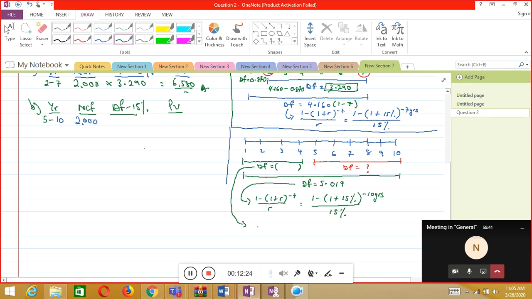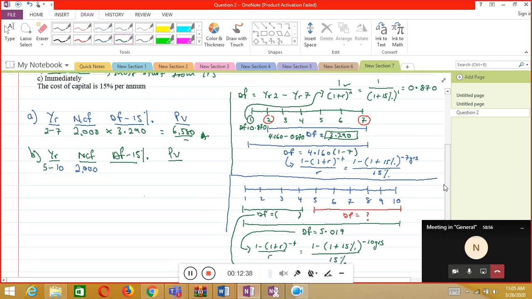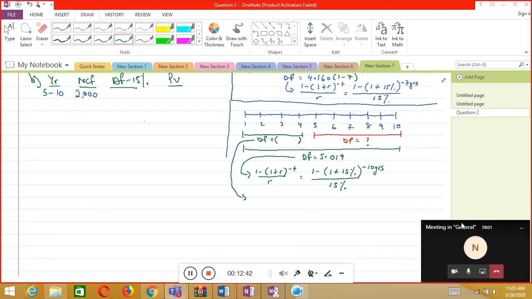Okay. And then for this, now for this you cannot use the normal discount factor because we need to find from year 1 to year 4. Previously we only found for 1 year, 1 tahun saja, so that's why we used that formula. But now we cannot do that anymore. We need to use back the annuity formula again.